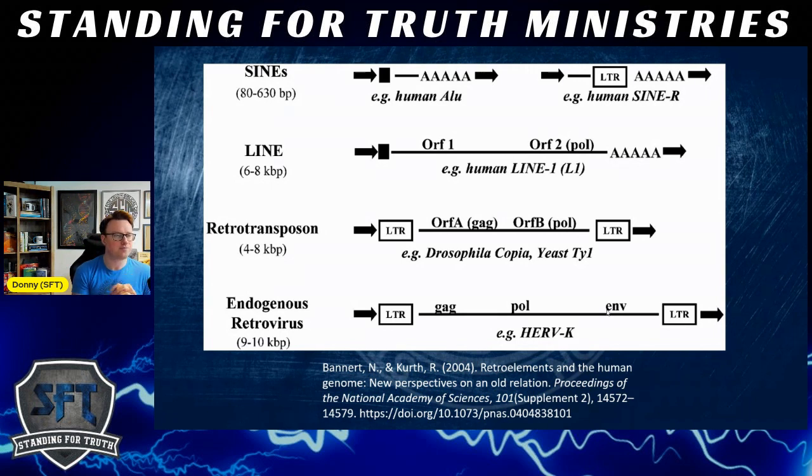And so we've got these various classes of retroelements. We've got these retrotransposons. And these have, as you can see, two LTRs, gag, pol, but they have no, as I went over earlier, envelope, which means they can't make a particle since they lack this ENV gene.